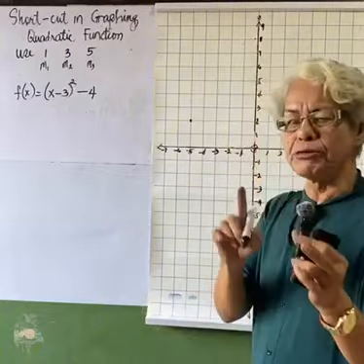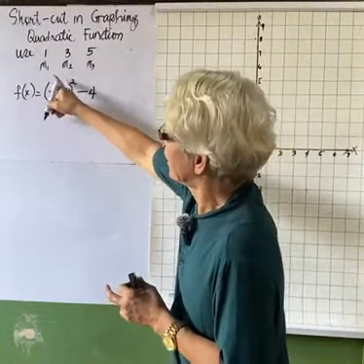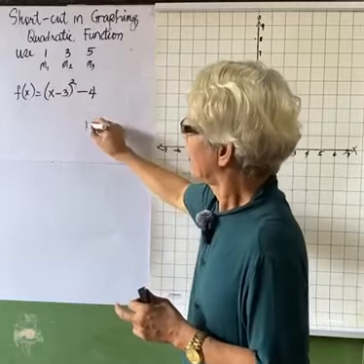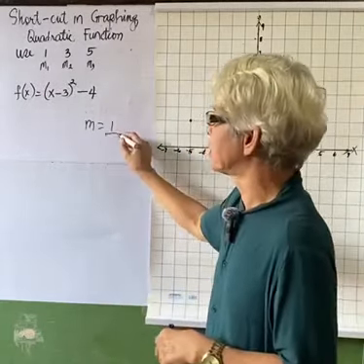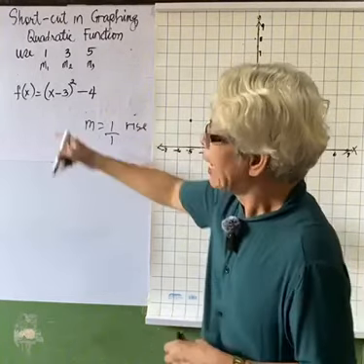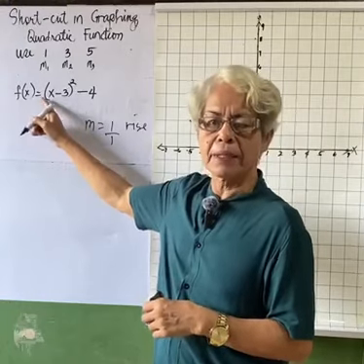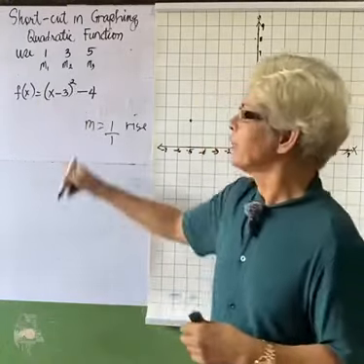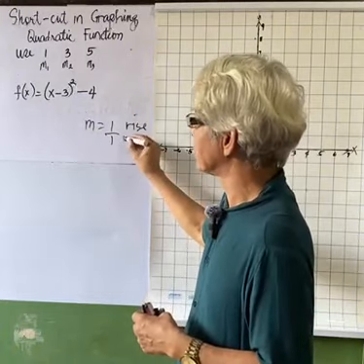Okay. So to use our M1, which is 1, meaning there is a denominator of 1. So this is rise if the value of A is positive, but go down when A is negative. And this is run.